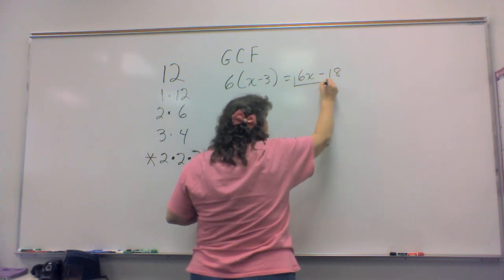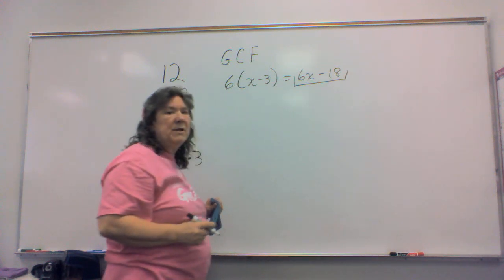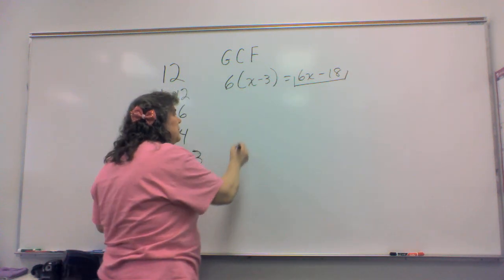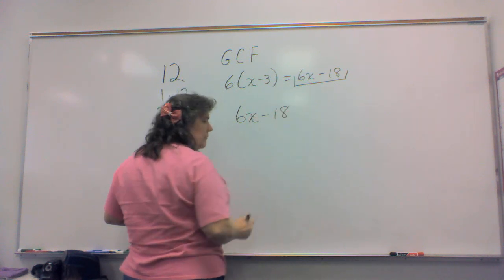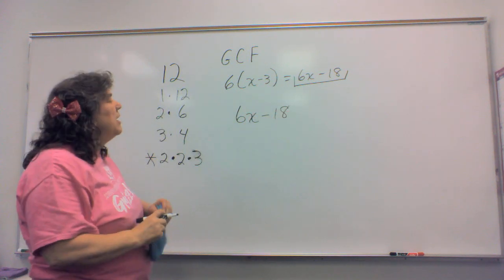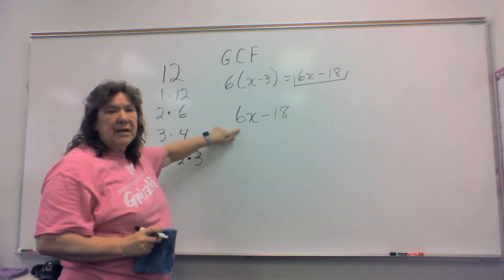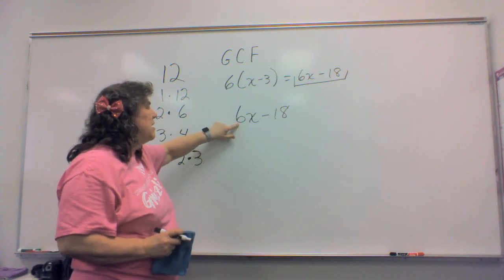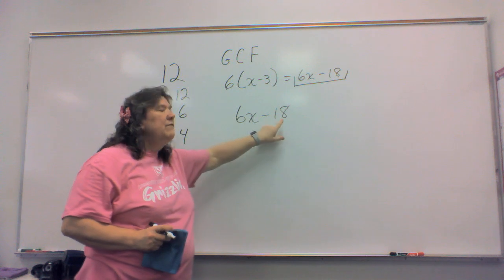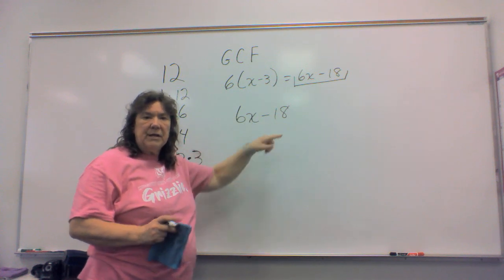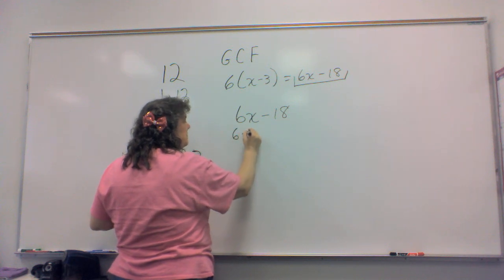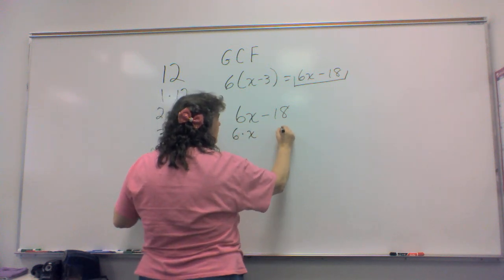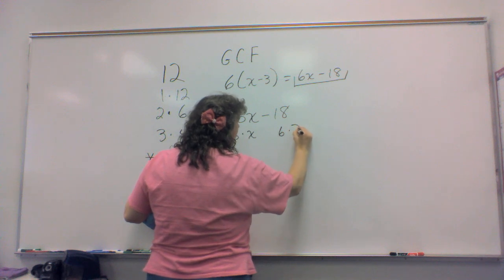So now we're going to take this binomial and we're going to look for a common factor in that binomial, okay? I always look at my smallest number and ask myself, does my smallest number go evenly into my larger number? In this case, it does. So therefore, this is 6 times x, and then 6 times 3.